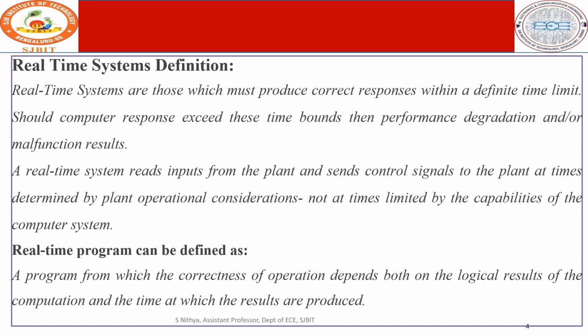If it exceeds, there is a possibility of malfunctions in the system, such as misguiding air traffic or aircraft, or otherwise a degradation in performance. If the information is not sent at the correct time, there is performance degradation in the system. This is called a real-time system.